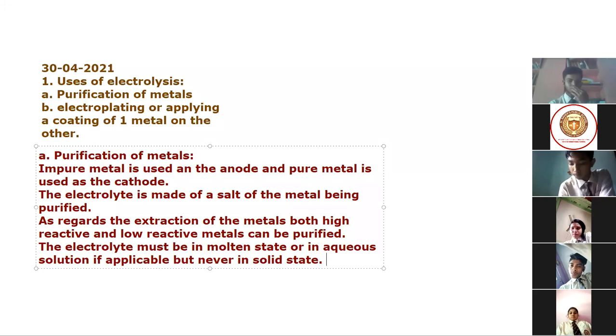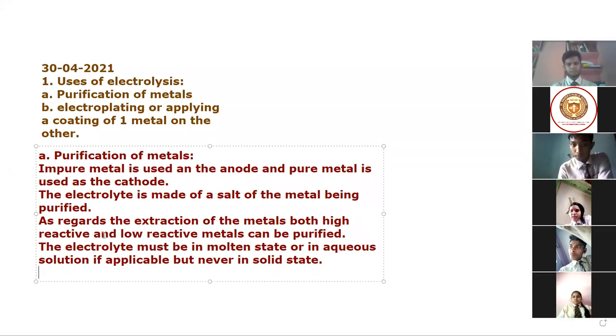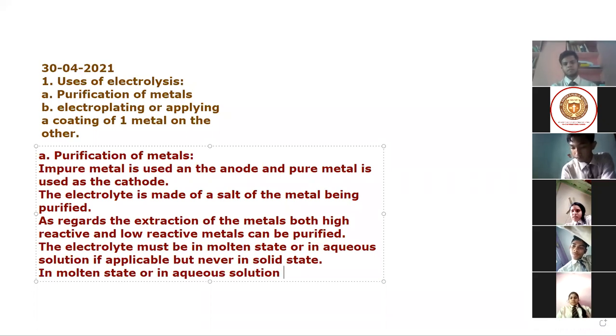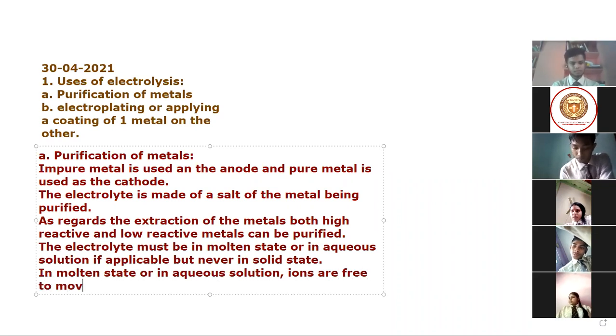In molten state, the ions are free and it is easy to purify the metal. Okay, Nandini is correct. In a molten state or in aqueous solution, ions are free to move.